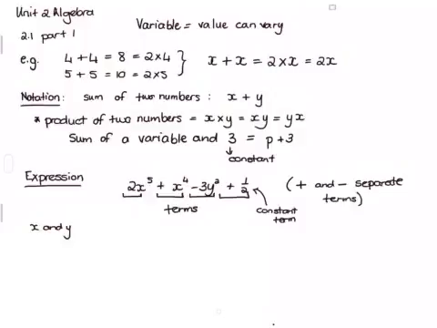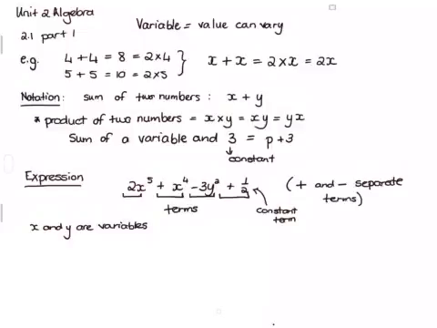X and Y are the variables in this expression. Yes, I have an x to the 4 and a y to the 2 and an x to the 5, but remember x to the 4 just means x times x times x times x. So the variables are just x and y.